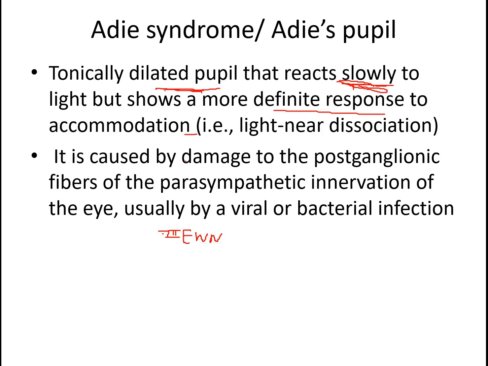The patient is not responding to light at all. But in Adie's pupil, in a resting condition, the patient's pupil is dilated. When you throw a light onto the eye, he'll respond, but very slowly. Clear? But when you do the test for accommodation, he responds immediately. You can see convergence of the eyeball, constriction of the pupil, and increase in the curvature of the lens, but not for the light.